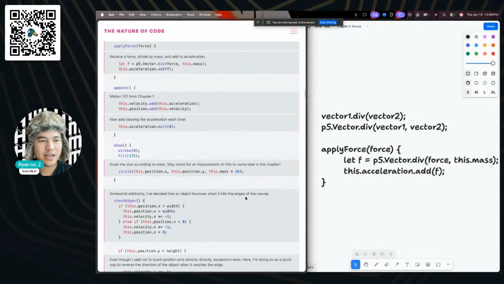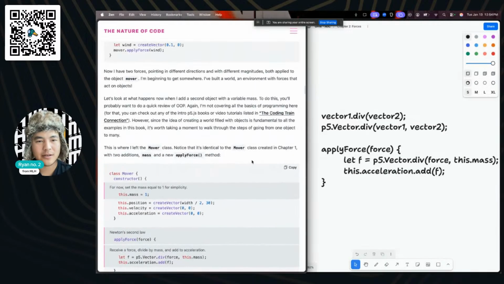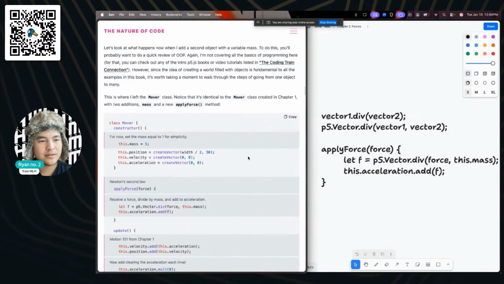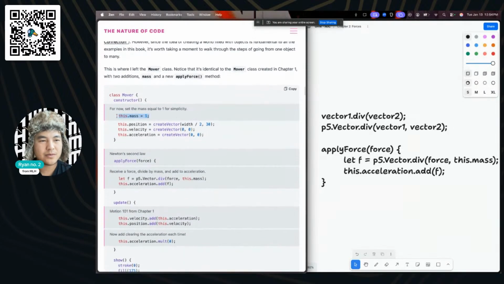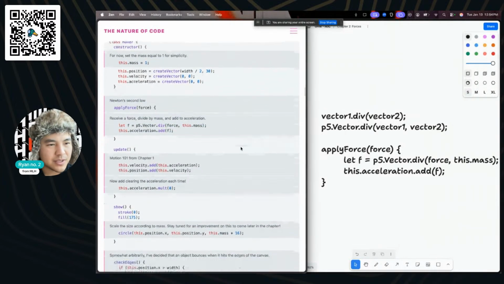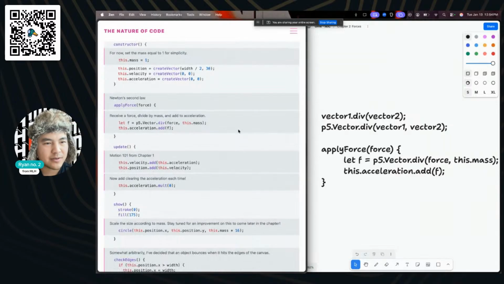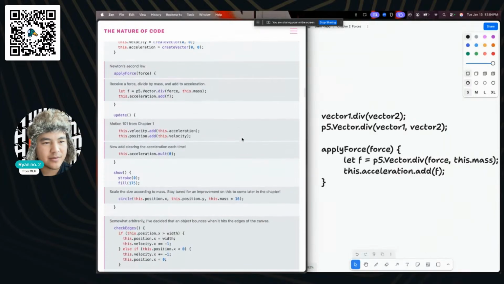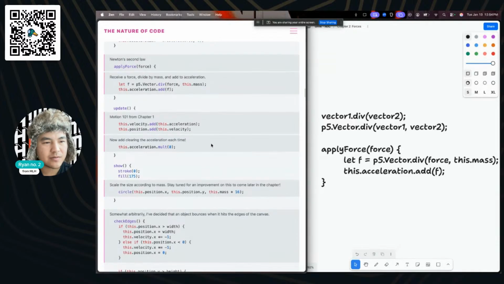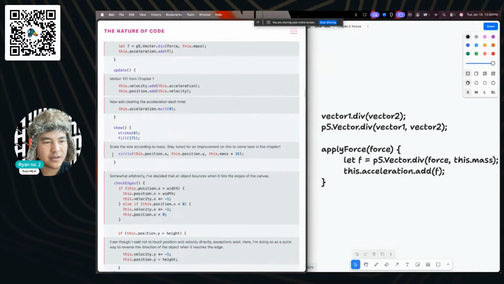Okay, now let's actually look at what the author has added. So we initialize the mass in the constructor to 1. We apply the force: receive a force, divide by mass, add to acceleration. And then we update, pretty standard stuff right there.